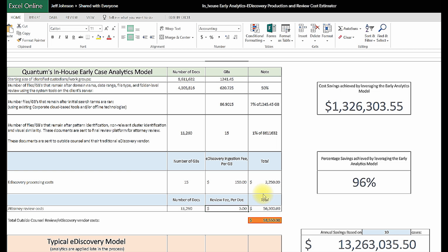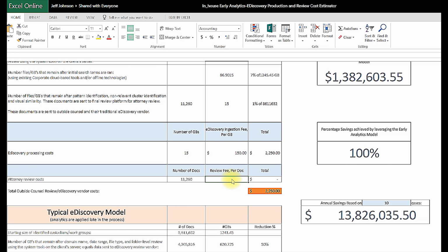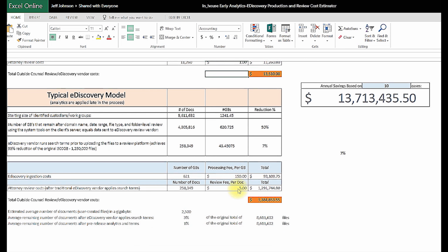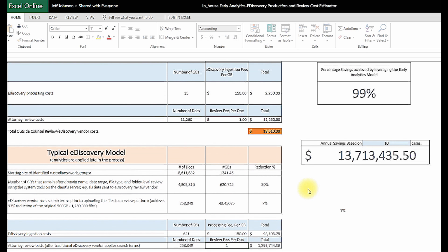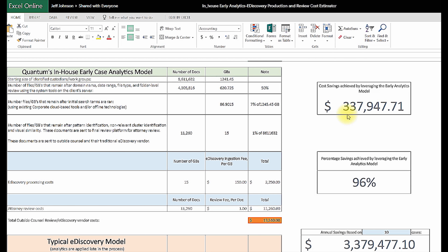Now let's say that this was $1 a doc. Let's just say this was $1 a document. Put that both places here. At $1 a doc, it's $337,000 of savings.